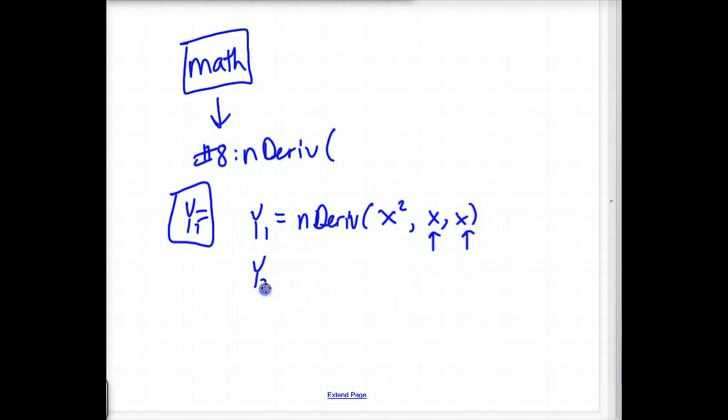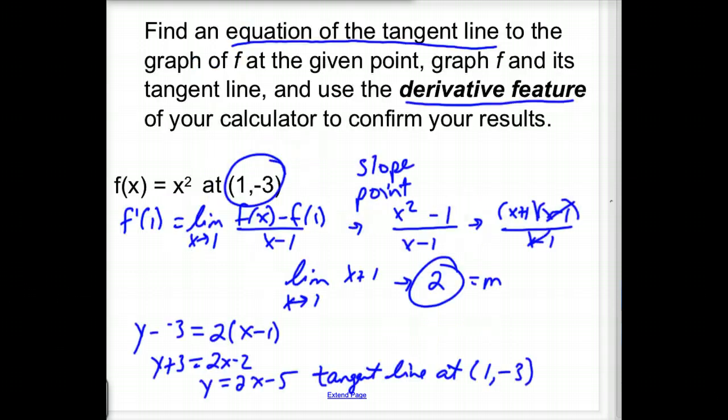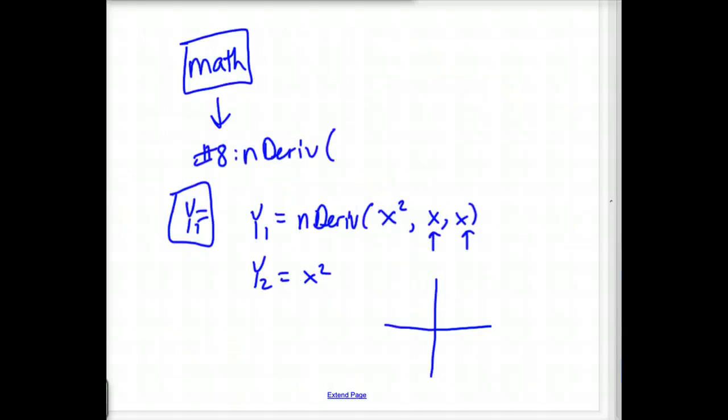Then in y2, let's put the original function so we can see how it graphs it. Oh, we want the derivative at a certain value, don't we? Yep, we want the derivative at 1. So we're going to put a 1 there. So x squared in y2, nDeriv x squared comma x comma 1.